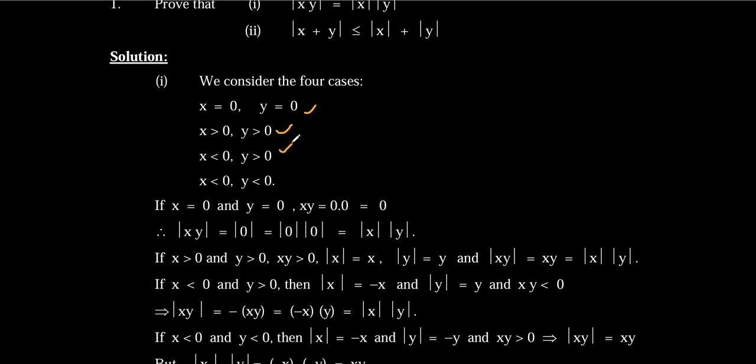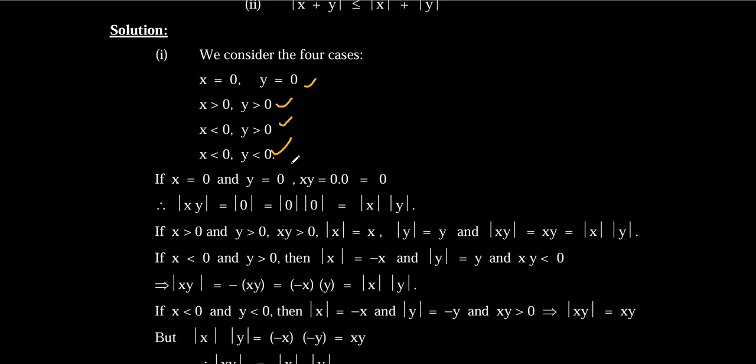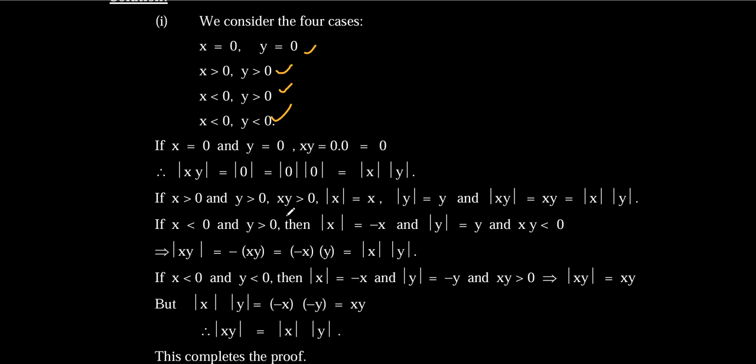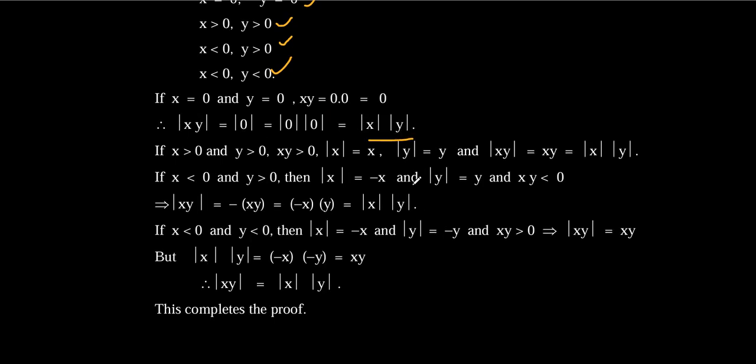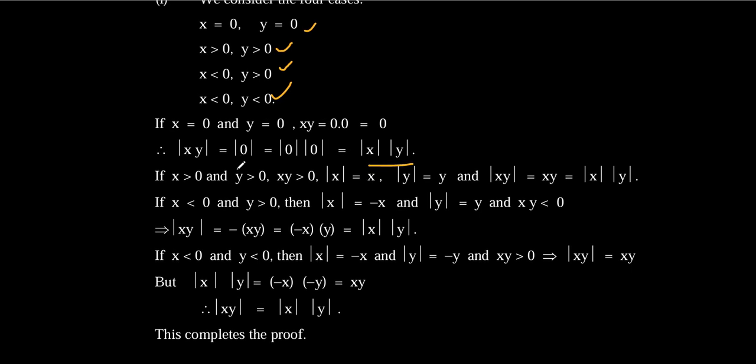Why? Because they are trying to go through the direct route of proof, right? So they tried the first one, and yes, magnitude of 0 times magnitude of 0 is what? It's still 0, so it satisfies x and y. But that was not enough. They had to do the next one. If x is greater than 0 and y is what? Greater than 0, then you realize that when you find the xy, it will be greater than 0, right?